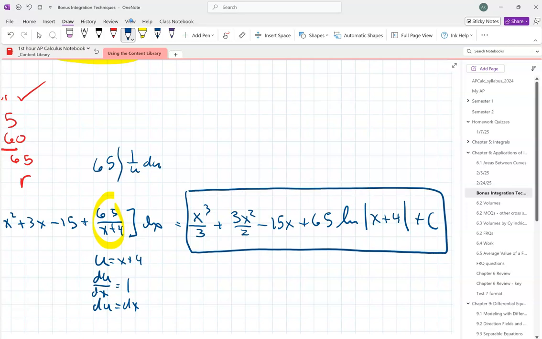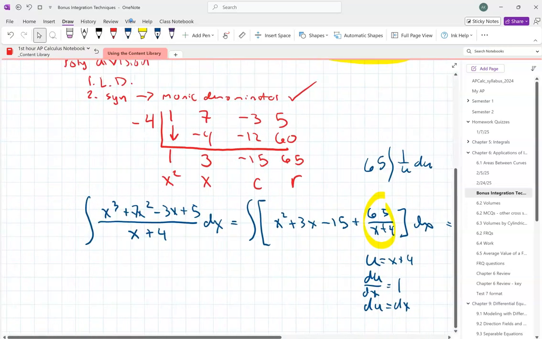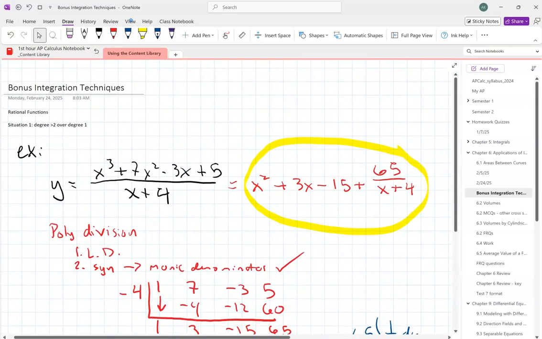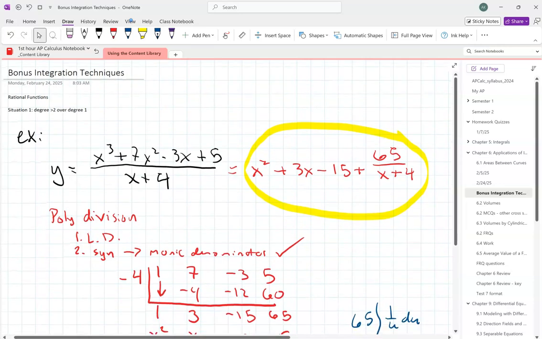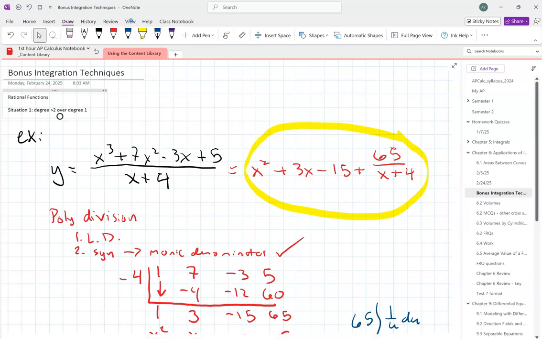So the synthetic division is the trick there. If you have a monic denominator, and I probably shouldn't, I should say it should be greater than or equal to 1, actually. That would be okay.